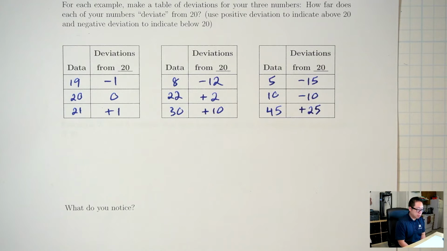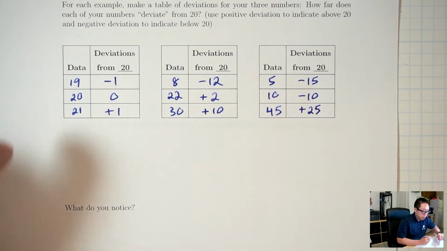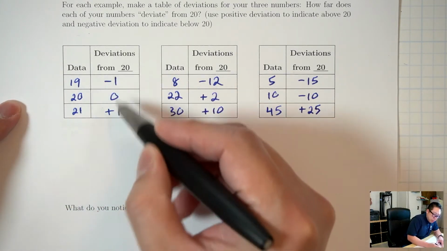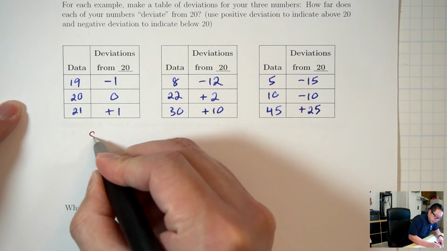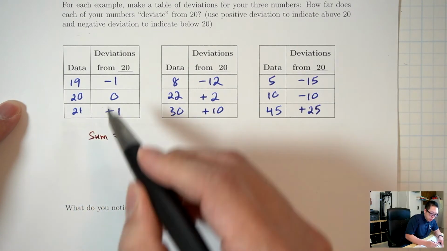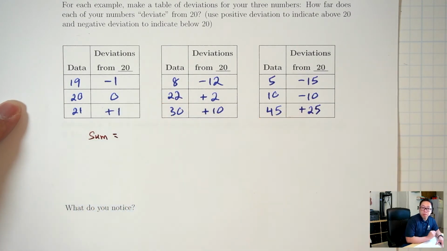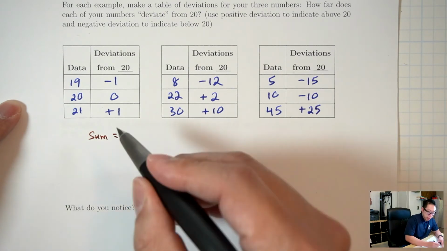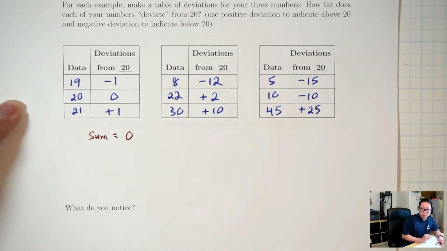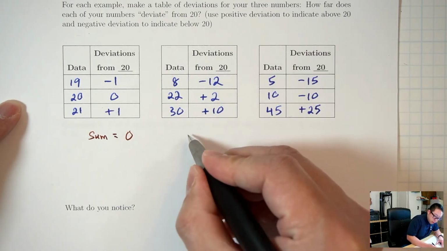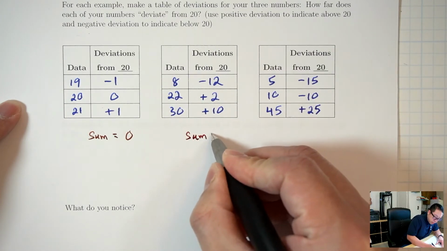Okay, keep staring. What do you notice? What do I get when I add up these deviations? -1 plus 0 plus +1. What do you get when you add up these deviations? You get 0. Okay, that's interesting. Do the same thing for this. What do you get when you add up these deviations?